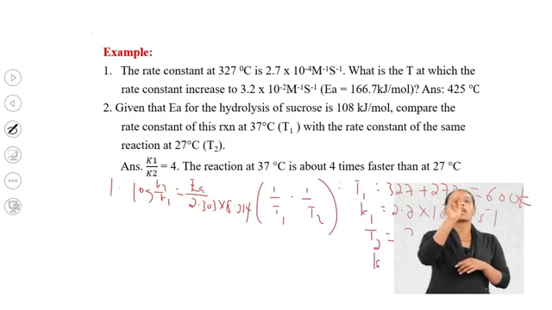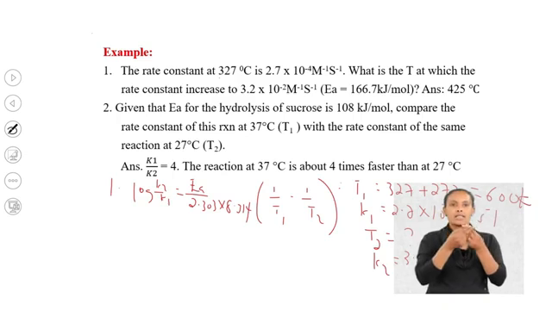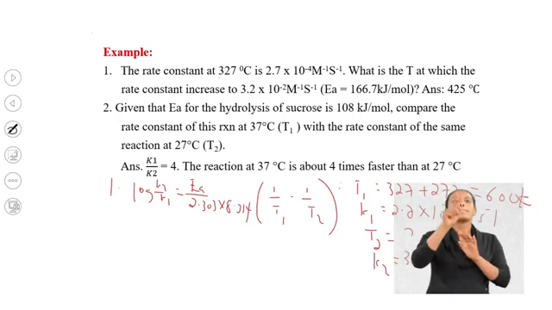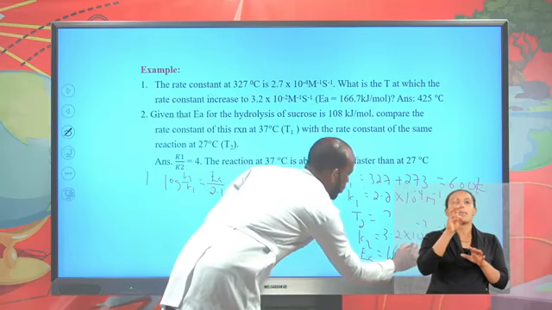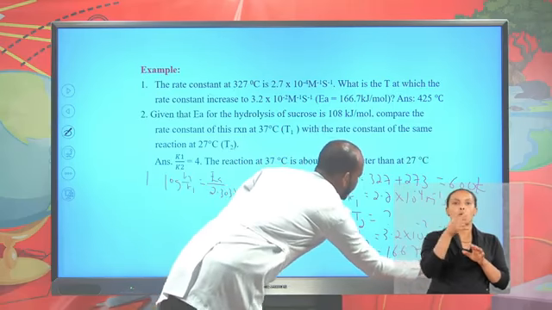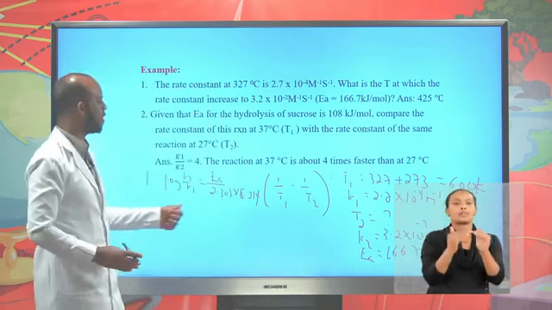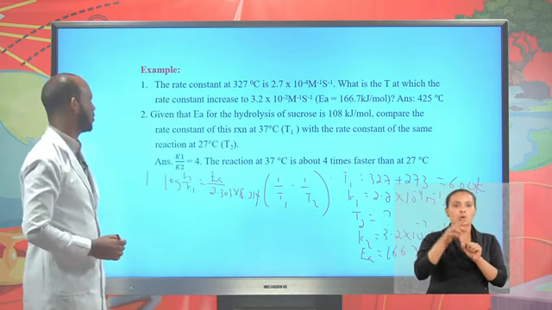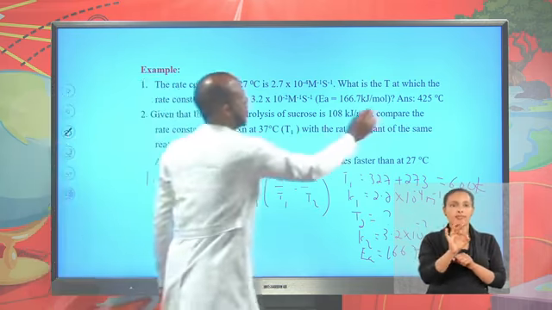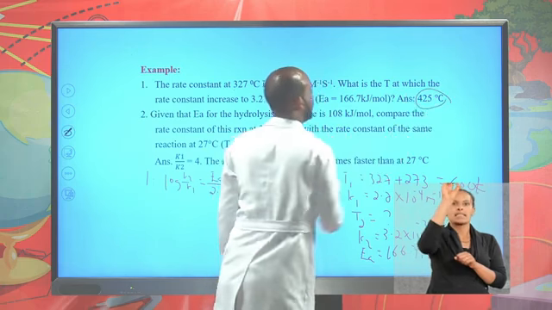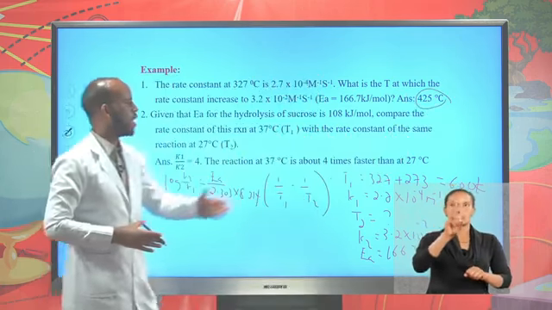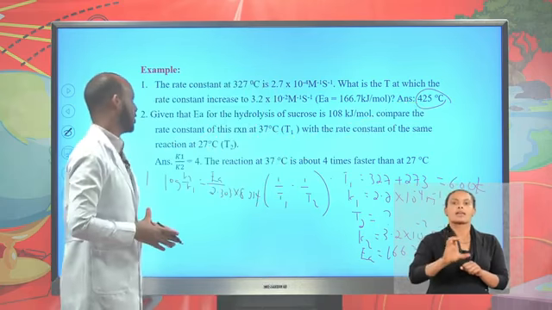K2 equals 3.2 times 10 to the power of minus 2 per molar per second. Activation energy Ea is 166.7 kilojoule per mole. Substituting these values in this equation and solving for T2, we get 425 degrees centigrade. Temperature is 425 degrees centigrade.